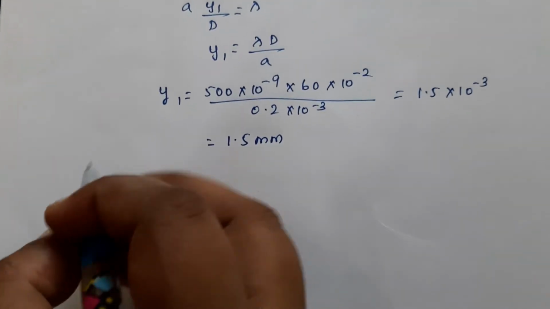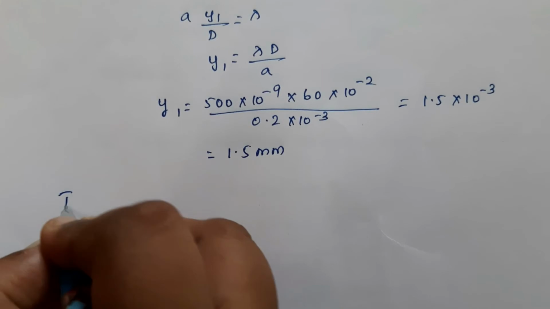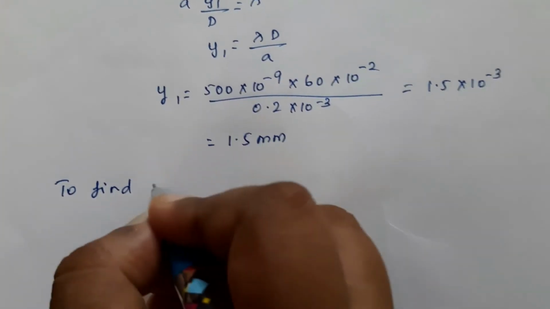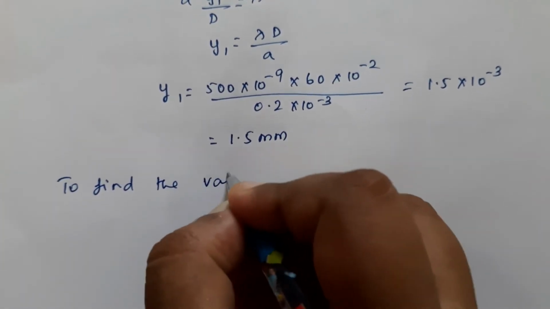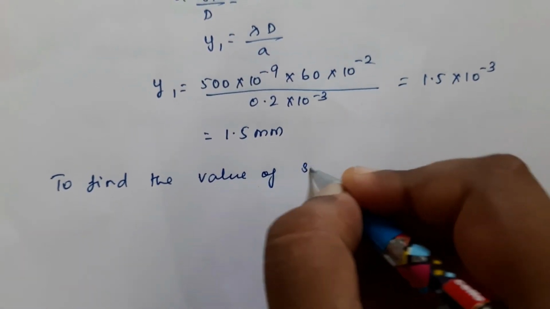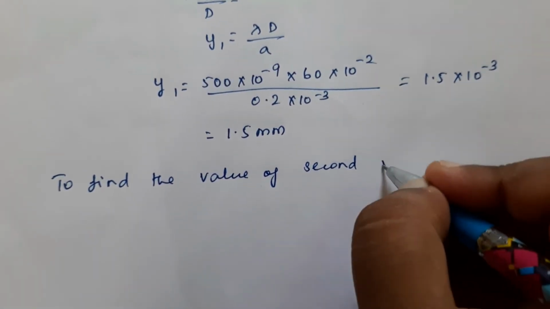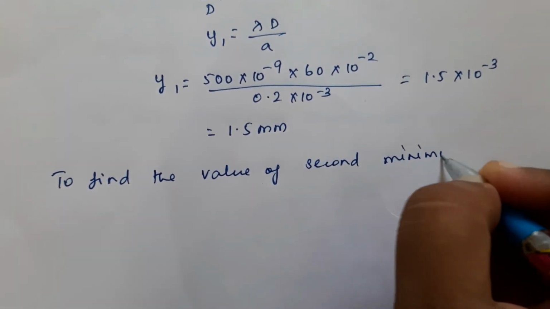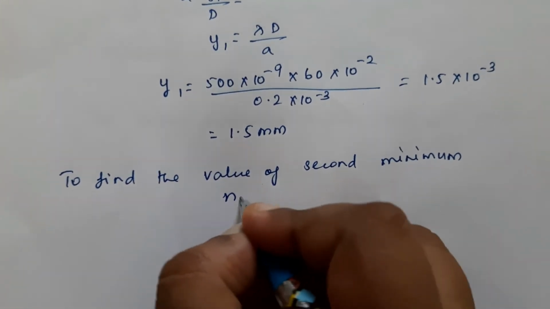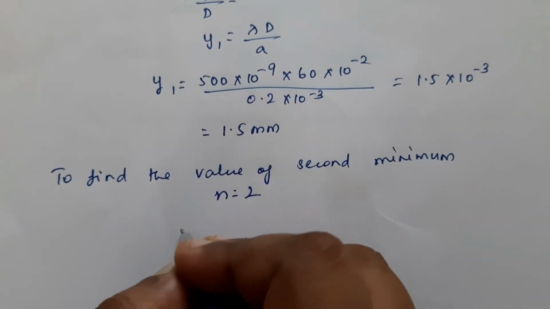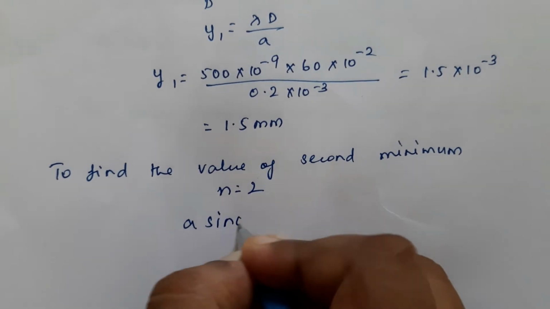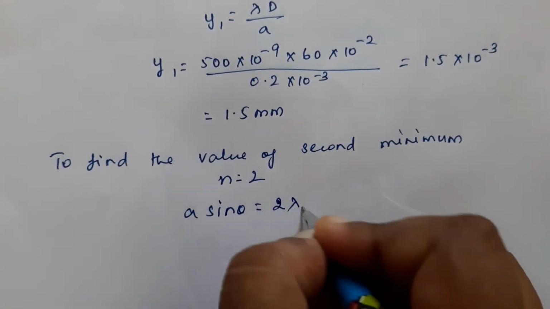Now we'll go for finding the second minimum. What is the value of n? n is equal to 2. So a sin theta is equal to 2 lambda.